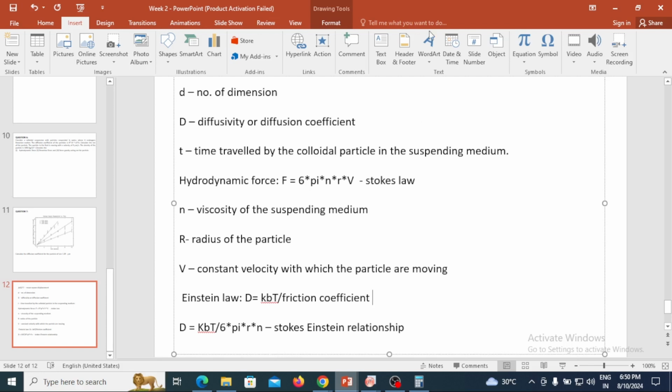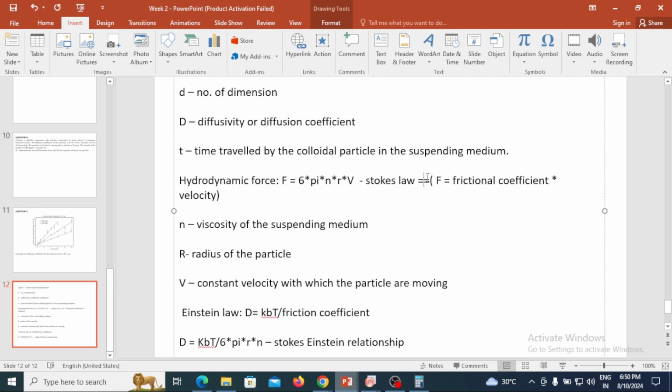Stokes' law is F equals 6 pi eta r v, where F is the frictional force. This can also be written as frictional force equals frictional coefficient times velocity.